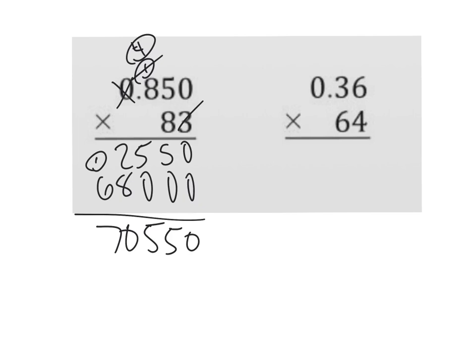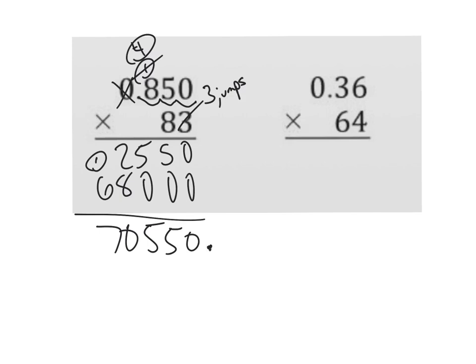Well, step 2 on this problem is, now that I've done my math, I've got to move the decimals in my problem to the right. So I'm going to take this decimal here and move it 3 times to the right to make 3 jumps. So there's going to be 3 jumps in my answer, but I'm going to be jumping in the opposite direction.